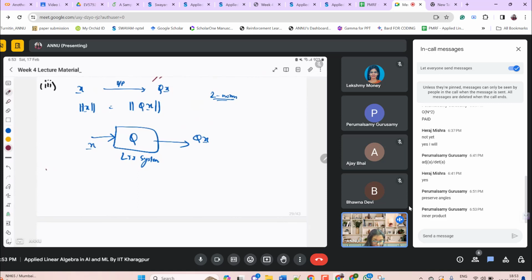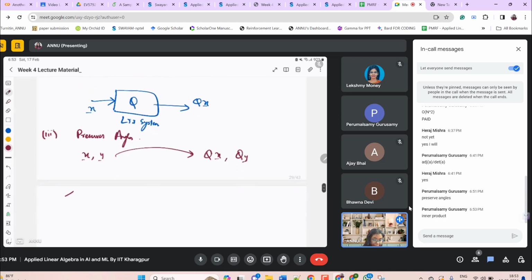This is the third and very important property. It preserves the angle. What does this mean? Suppose you have x and y vectors and you're converting into qx and qy. If you calculate the inner product of x and y, it is same as the inner product of qx, qy. What does this mean, inner product?